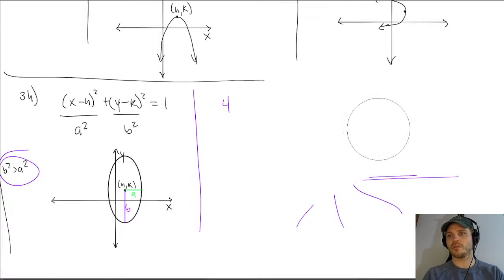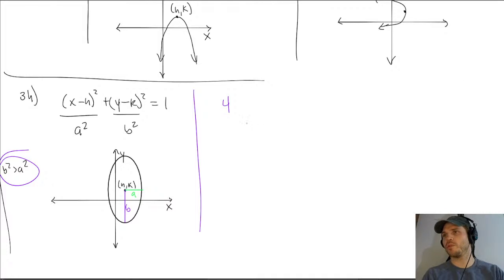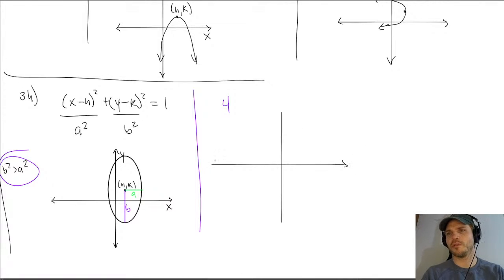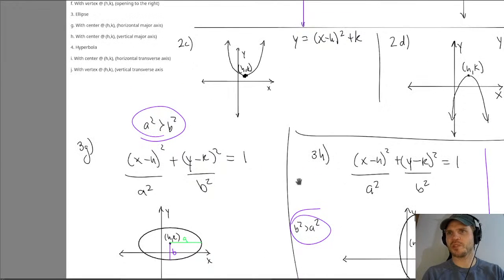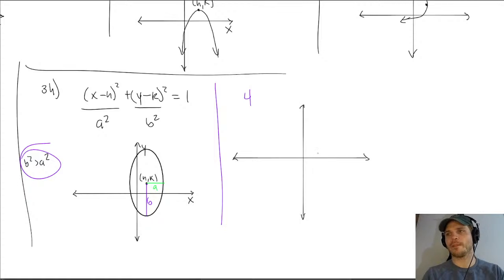So let me just do these problems. And does it want it to be centered somewhere in particular? HK. All right, so let's say this is HK. This one's kind of hard to draw, so sorry in advance.